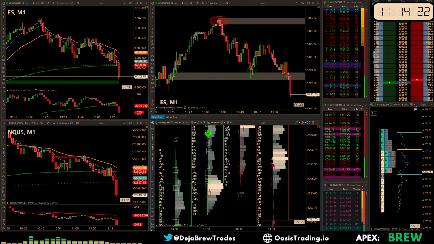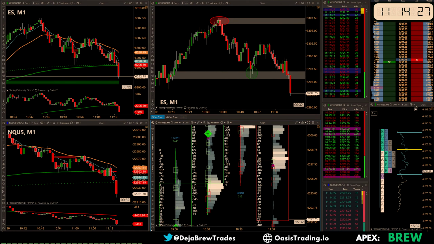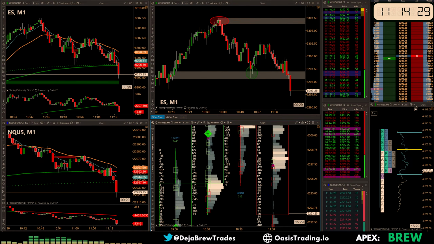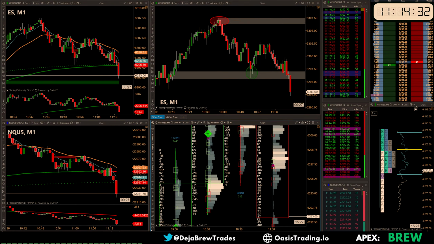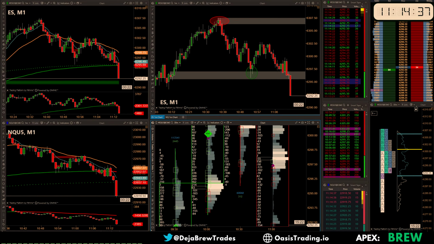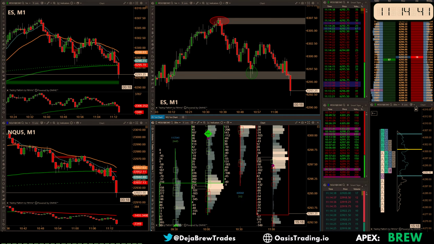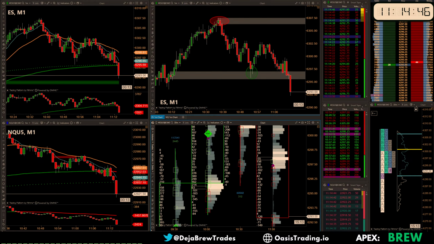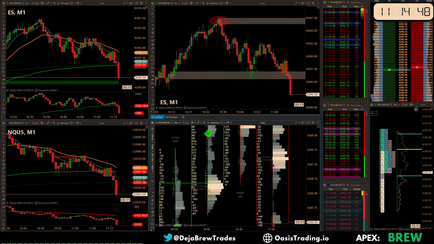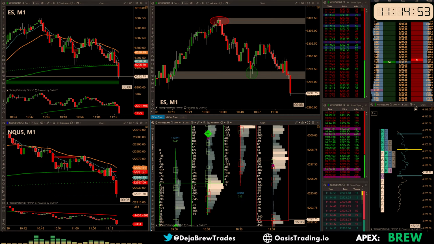Okay, here comes that invalidation. So holding below 92 and holding below 940 to 930 is the higher time frame sellers taking over. And you can see that this is an invalidation point because look at the delta spiking.